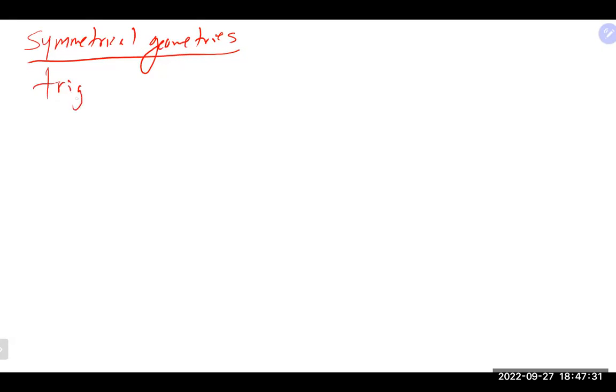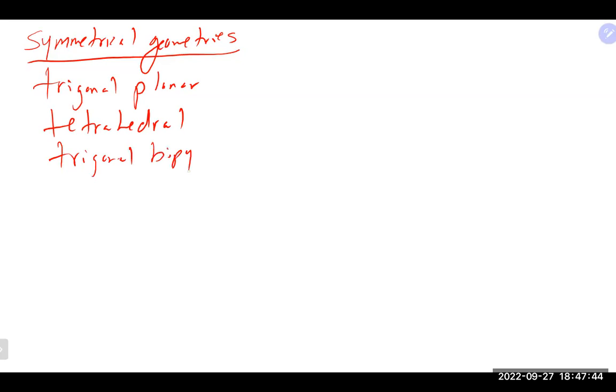So if you have some symmetrical geometries, and in our case, you got some good lists here. I think you got a trigonal planar. You got a tetrahedral. And again, this is the molecular geometry. You got a trigonal bipyramidal. Got a little octahedral action.